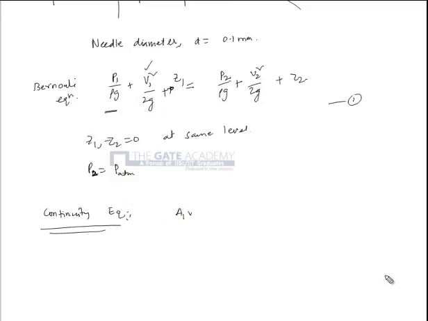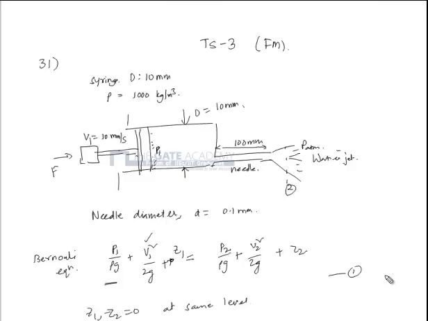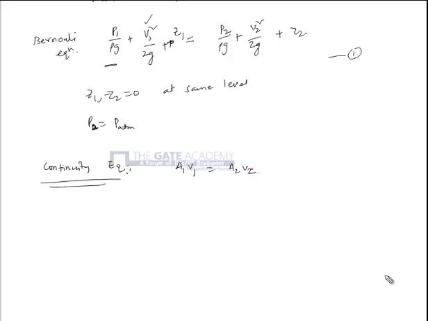Let this be section 2 and this be section 1. A1 V1 is equal to A2 V2. This is because the mass flow rates are the same, and therefore the volume flow rates also have to be the same. Assuming circular cross sections, pi by 4 D square, the diameter of the syringe, into V1 equals pi by 4 small d square, the diameter of the needle, into V2.